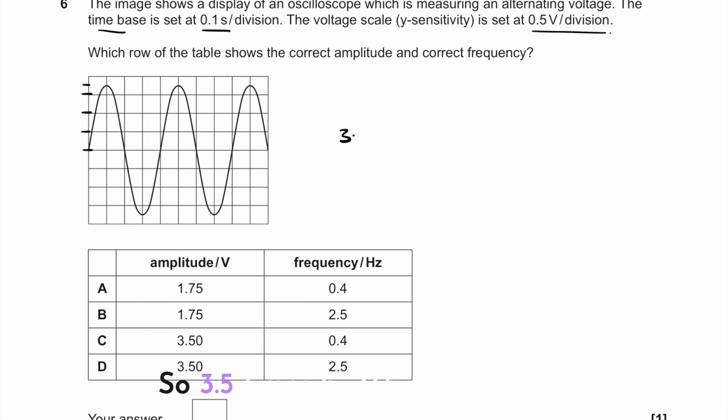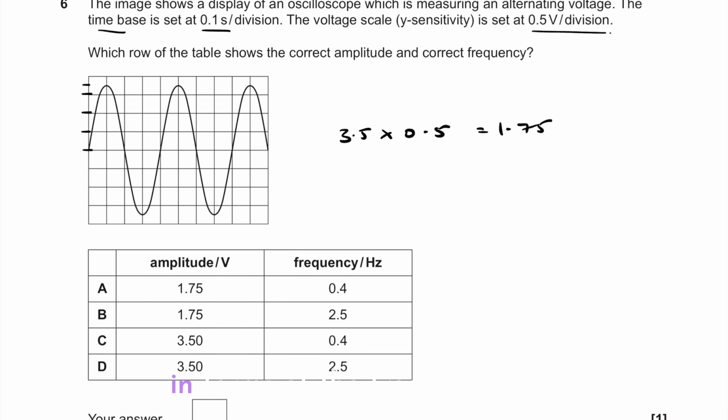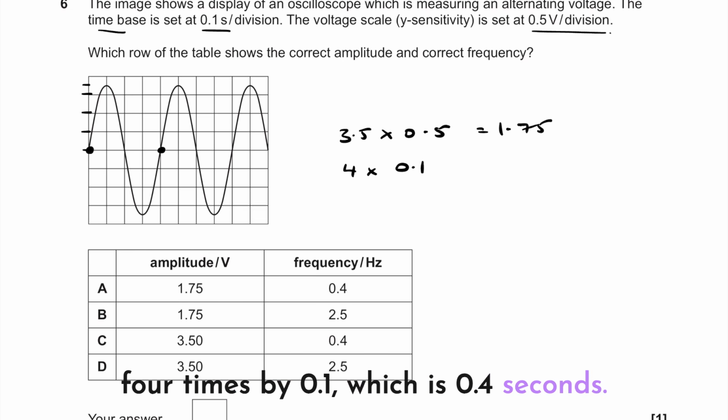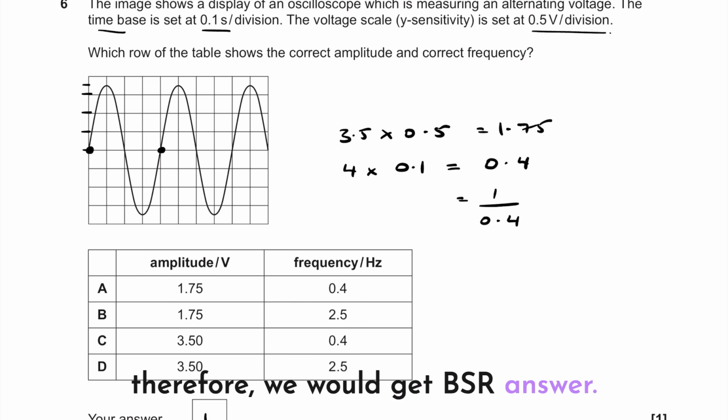So 3.5 times by 0.5, which is 1.75. In terms of the frequency, it is going to be from this point to this point, which has 4 times by 0.1, which is 0.4 seconds, to calculate the frequency. So that will be 1 over 0.4, and therefore we would get B as our answer.